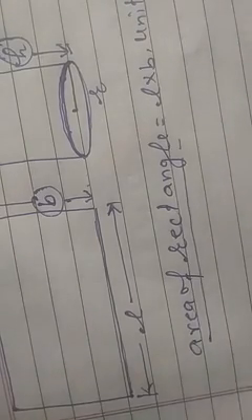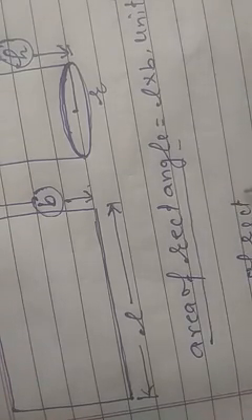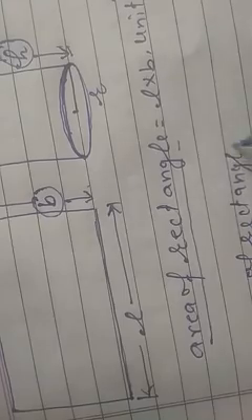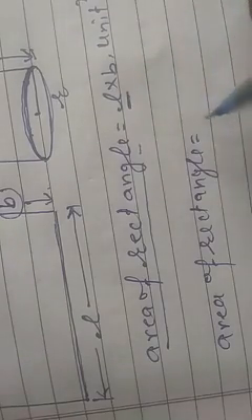Here the area of the rectangle is equal to L, and L means C, the circumference.